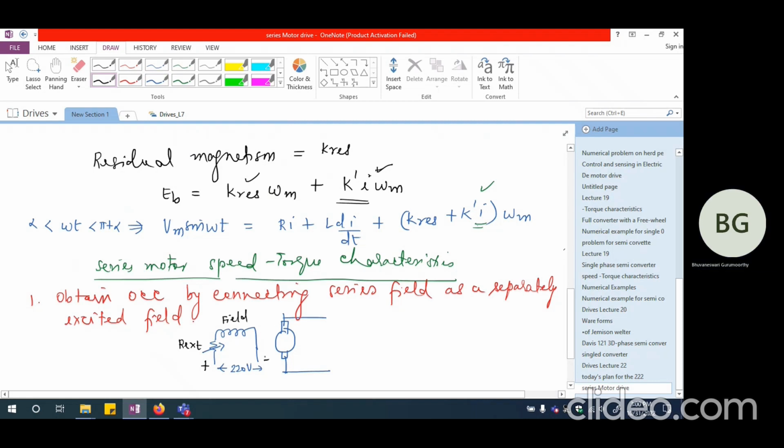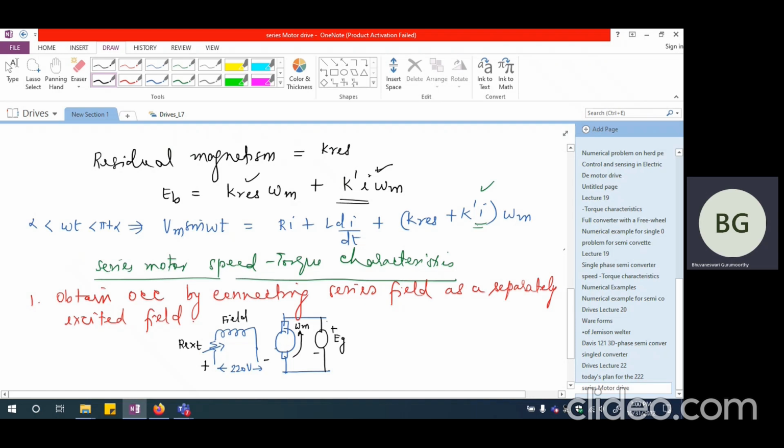Now, by varying this resistance value, you will be able to obtain different values of current. Then you measure what is the kind of EG you are getting across the armature by rotating the armature with the help of a prime mover.